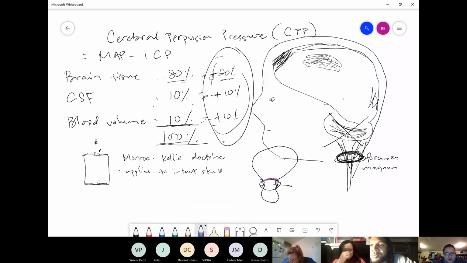This is your door, the opening, and this is the brain tissue, squeezed out. It was forced out through a smaller opening.